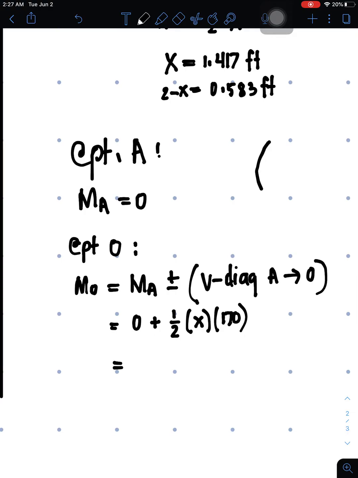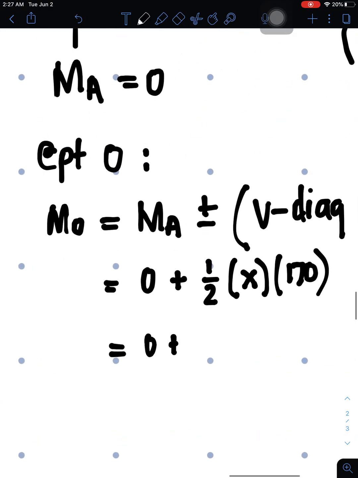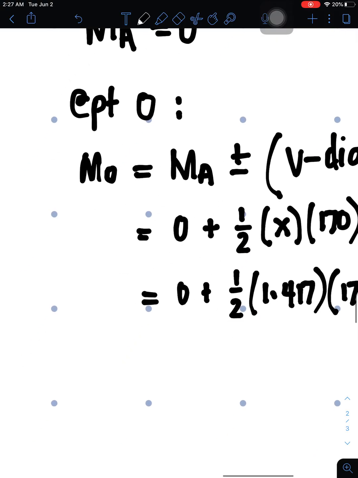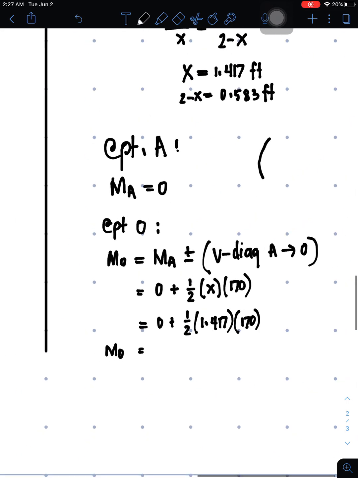Right. So this is going to be 0 plus 1/2 of x. X is 1.417 times 170. So we have MO. Our MO is 1/2 times 1.417 times 170.